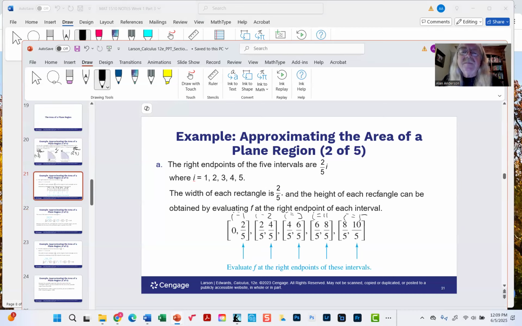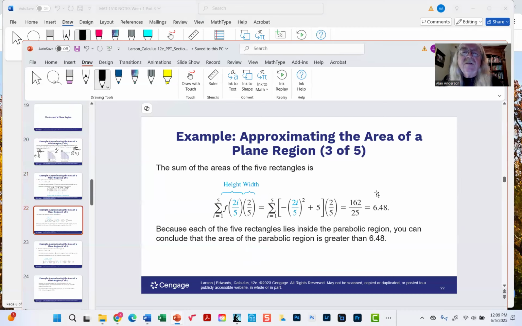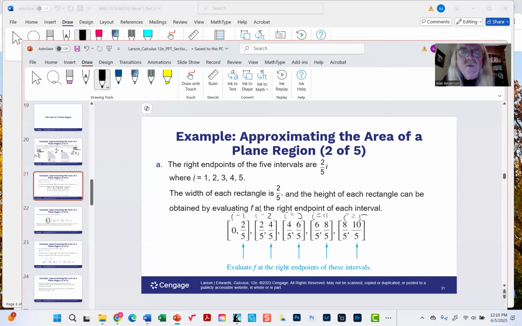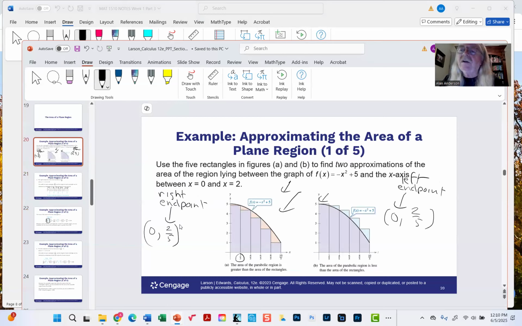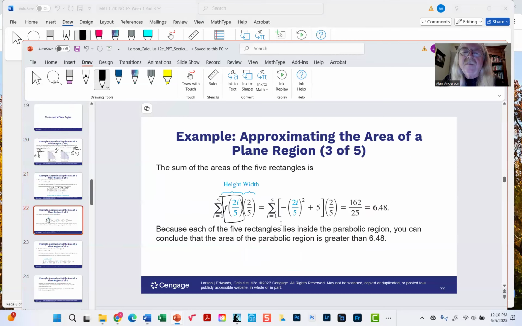And so therefore the sum can be thought of as the widths are always 2/5. The height is a function evaluated at the right endpoint, which is what I mentioned over here. So in other words, f of this right endpoint is the height of the rectangles.